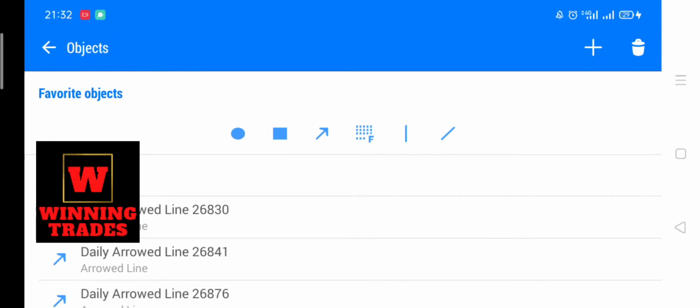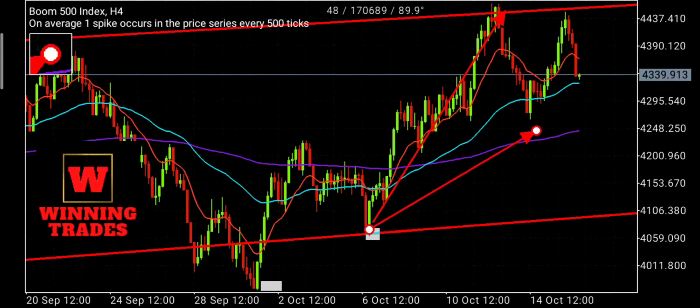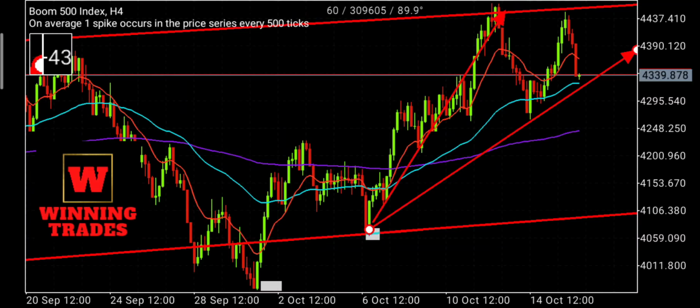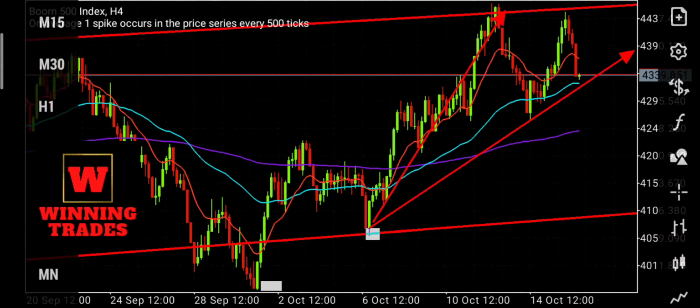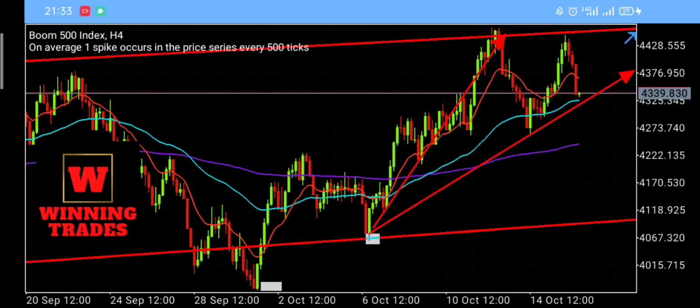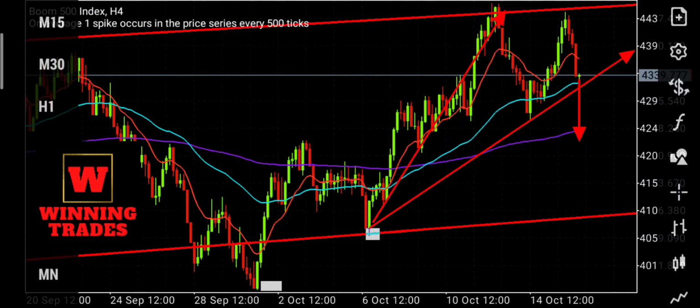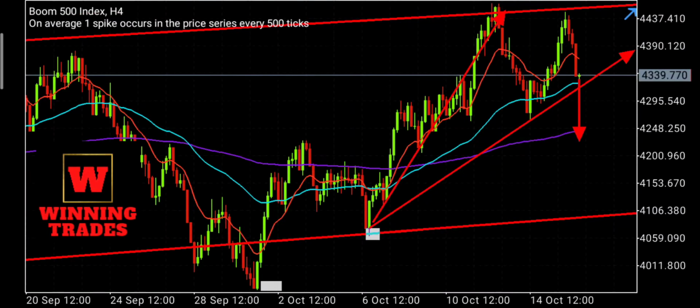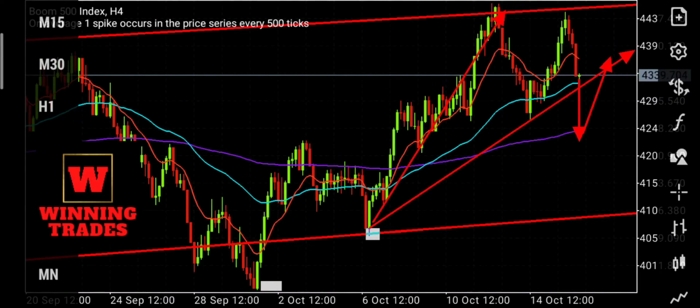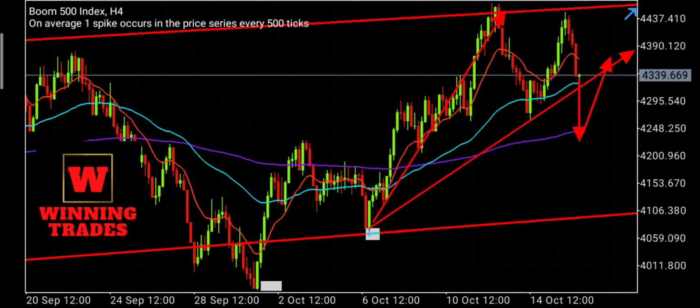You can see here that there's a trend line acting at this point, and there's a trend line here too. If price breaks this down and then you see a retest, then we know we are going in for a sell. And we might see a sell to this point.